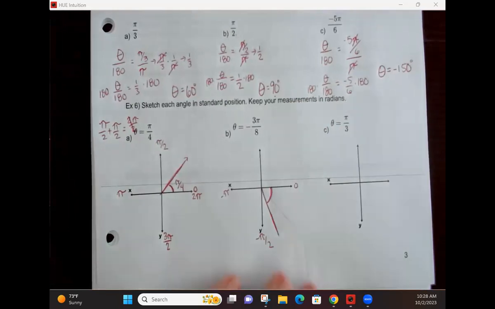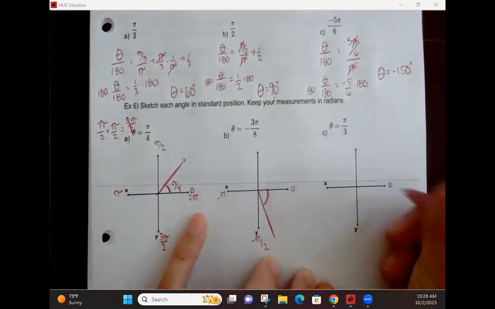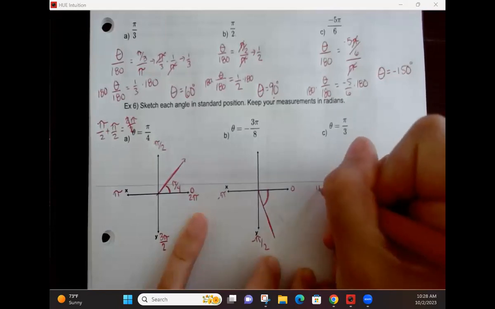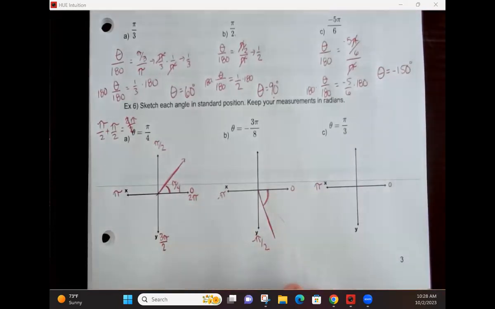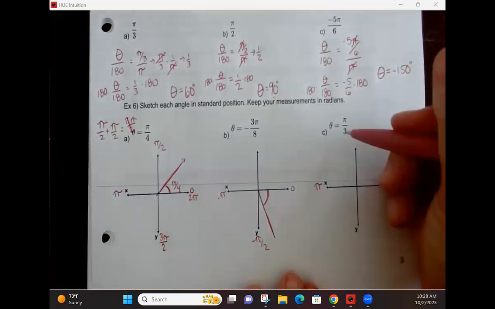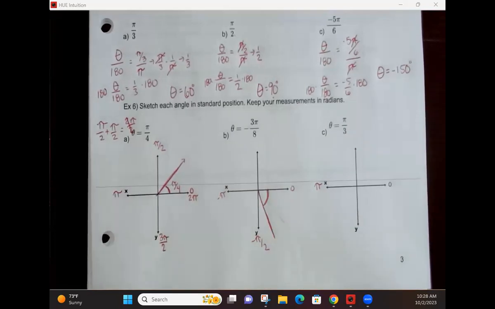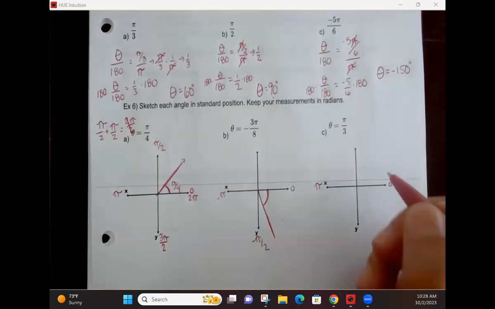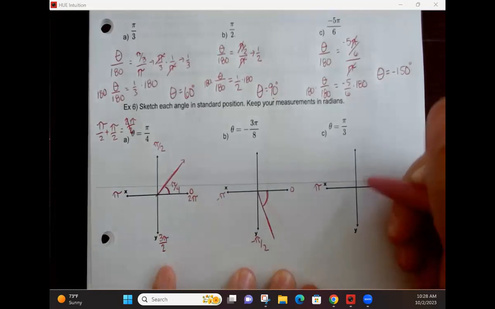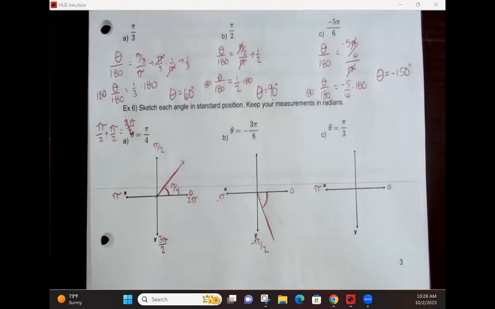Pi over 3. I'm going to put my landmarks in here. This would be 0. On the opposite side, that'd be pi. So I'm looking at 1/3 of this guy. I don't actually care so much about pi over 2 as the landmark this time, other than I know 1/3 should be less than 1/2.